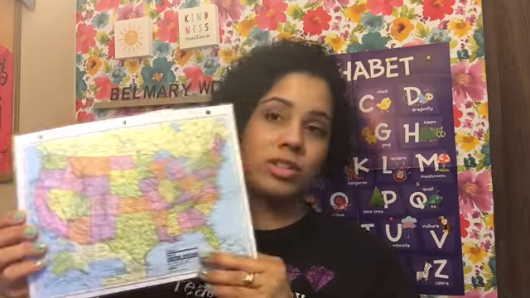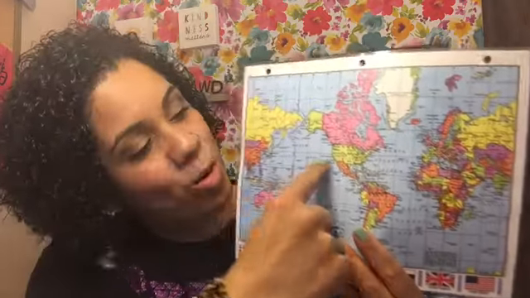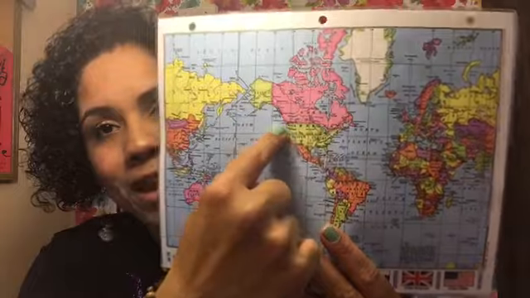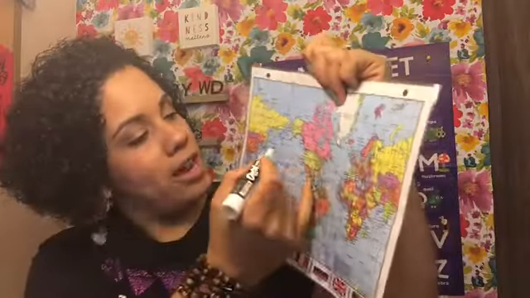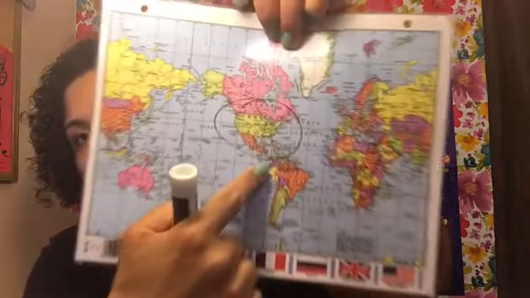That's a good one too, because sometimes the students love to see where they are at. Teacher Mary. Ooh, America. And this is great because I have this laminated, so if I need to, I can just circle it. And I have a globe that I use in the classroom as well. Dollar Tree.